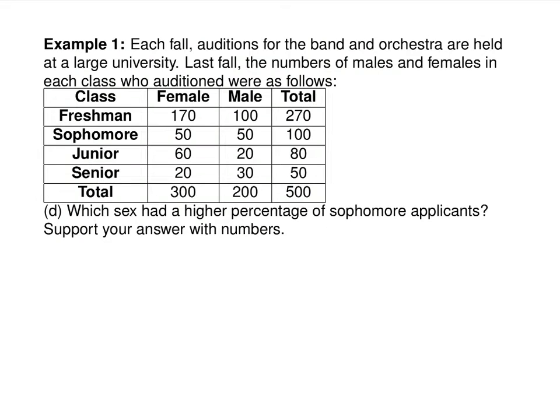And the question is, which sex had a higher percentage of sophomore applicants? So there you're comparing males to females, so are you looking at rows or columns? Columns. Okay, and this one there's only two numbers, so it's not as hard to support. So for the ladies, how many were sophomores? 50 out of 300, which I got was about 16.7%. Okay, great.